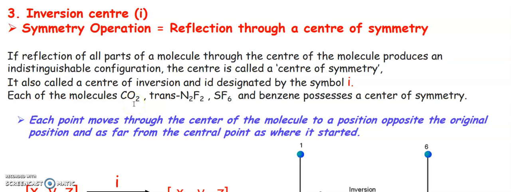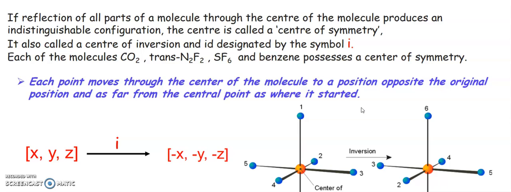Now the inversion center, i. The symmetry operation is reflection through a center of symmetry. If reflection of all parts of the molecule through the center of the molecule produces an indistinguishable configuration, the center is called a center of symmetry. It is called a center of inversion and designated by the symbol i. Each of the molecules CO2, trans-N2F2, and SF6 and benzene possesses a center of symmetry.